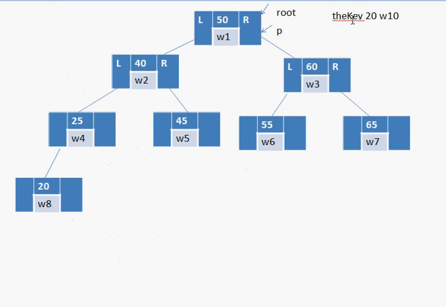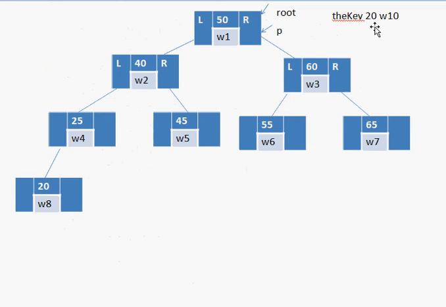Now when you look at this binary search tree, 20 is available, which means the key is available in this binary search tree. In that case, the new value to be inserted has to be placed at this node, because 20 is already there. So this W8 has to be replaced, and W10 should go and get placed over here. That's what we are doing here in insertion.